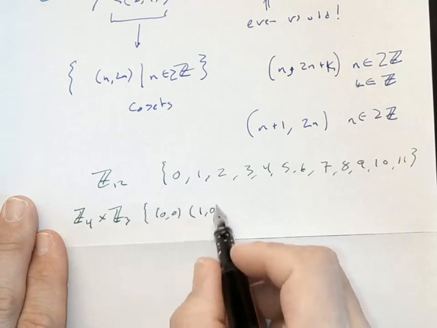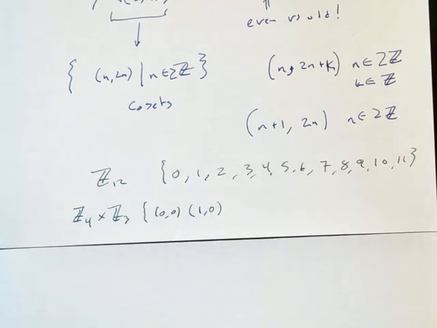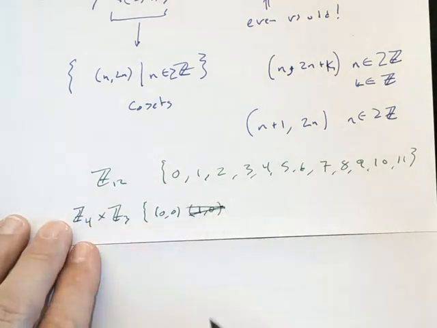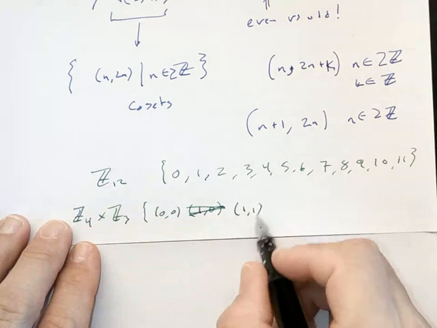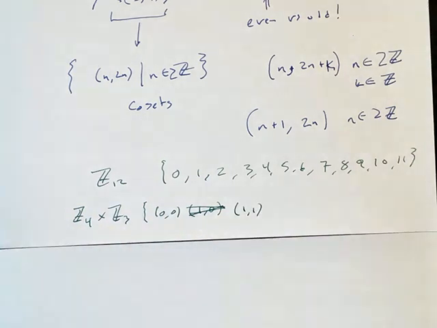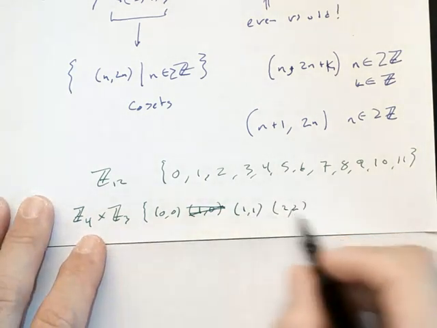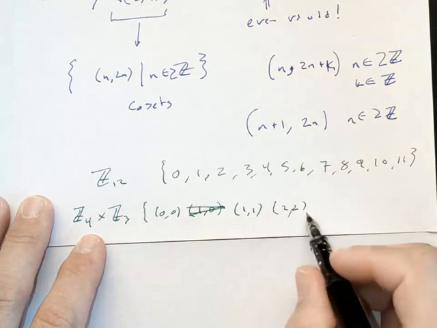Normally, I would just list all the rest of the ordered pairs, right? Okay, I'm going to try and list them in a different order. Let's not do 1, 0. Let's do 1, 1. 1, 1 plus 1, 1 is 2, 2. 2, 2 plus 1, 1 is 3, 3. But there is no 3, 3.